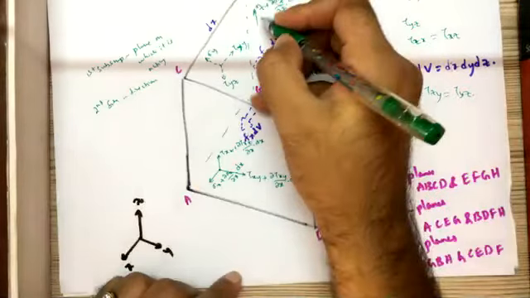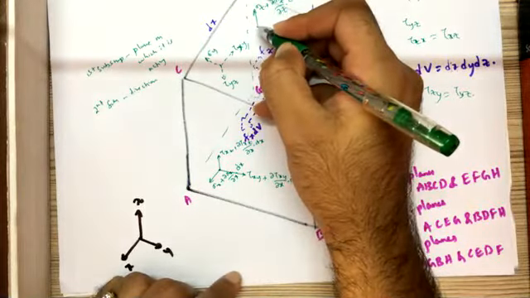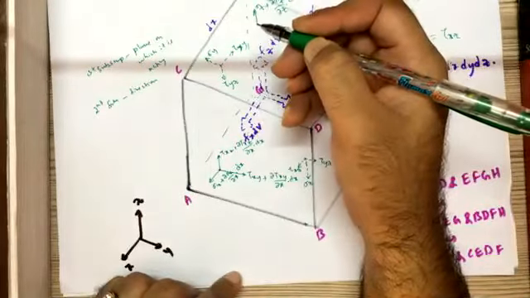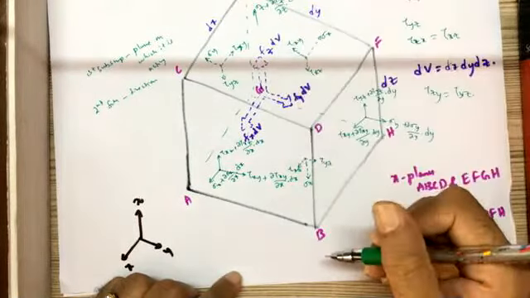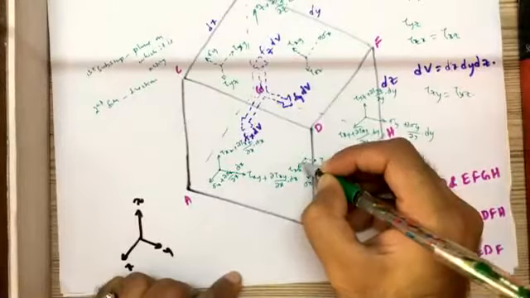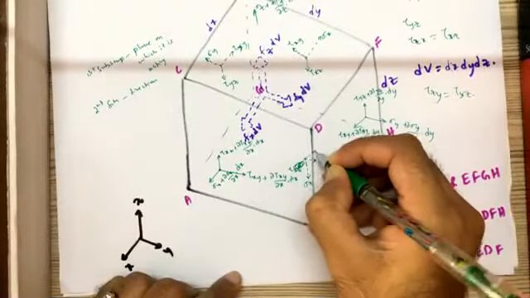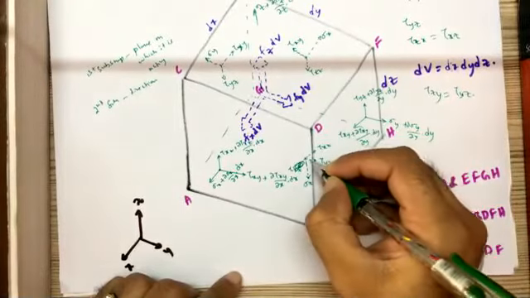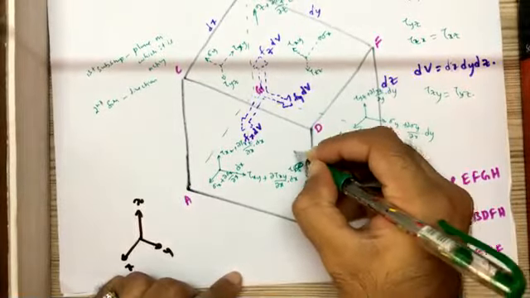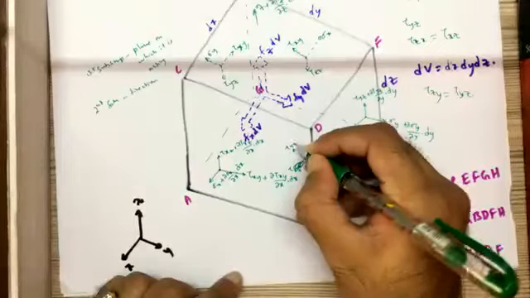So let us consider the other direction. Let us consider tau xz in this direction, and tau yz in this direction.